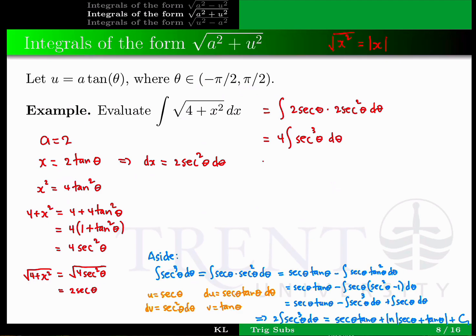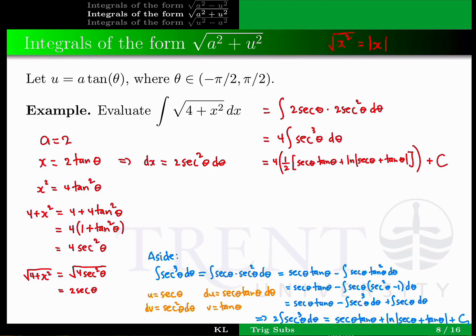Which means that in here, we will have 4 times 1/2 times secant theta tangent theta plus ln absolute value of secant theta plus tangent theta. And then let's just put the plus c outside.